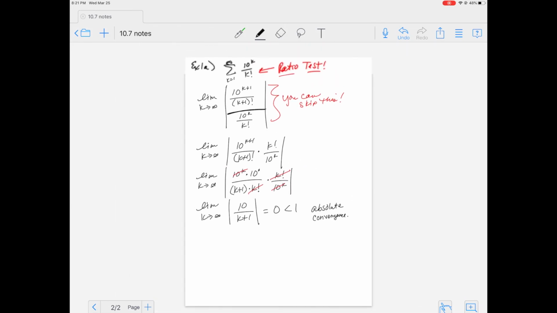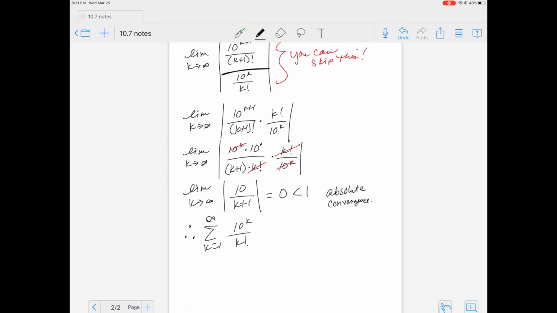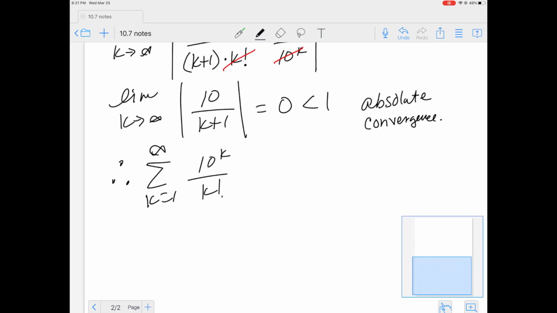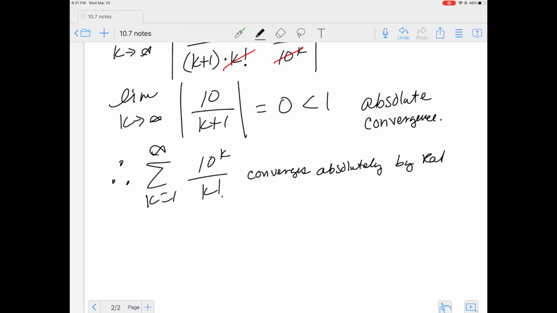Therefore, my series of k going from 1 to infinity of 10 to the k over k factorial, I had to write it and figure out what it was, converges absolutely by that ratio test.